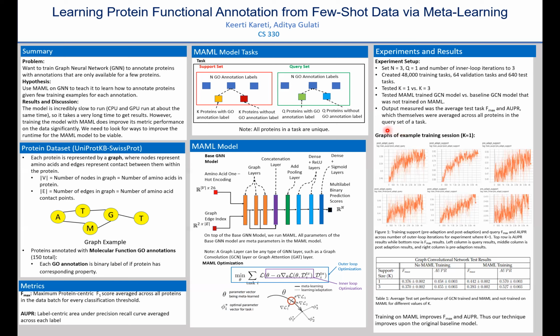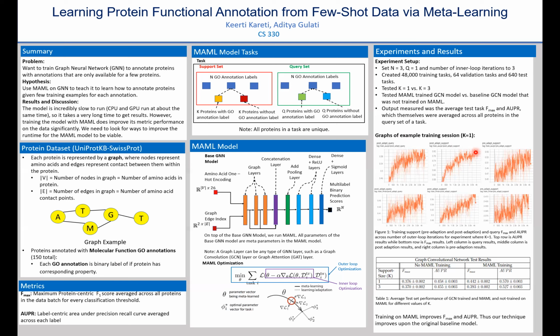You can see that for both AUPR and Fmax, the metrics increase as the number of iterations increase for the query and the support sets, showing that the model is actually learning how to annotate proteins with fewer data. One thing I also want to point out is that the post-adaptation support is growing significantly faster than the pre-adaptation support, showing that the model is able to have improved training performance on the few-shot data itself.